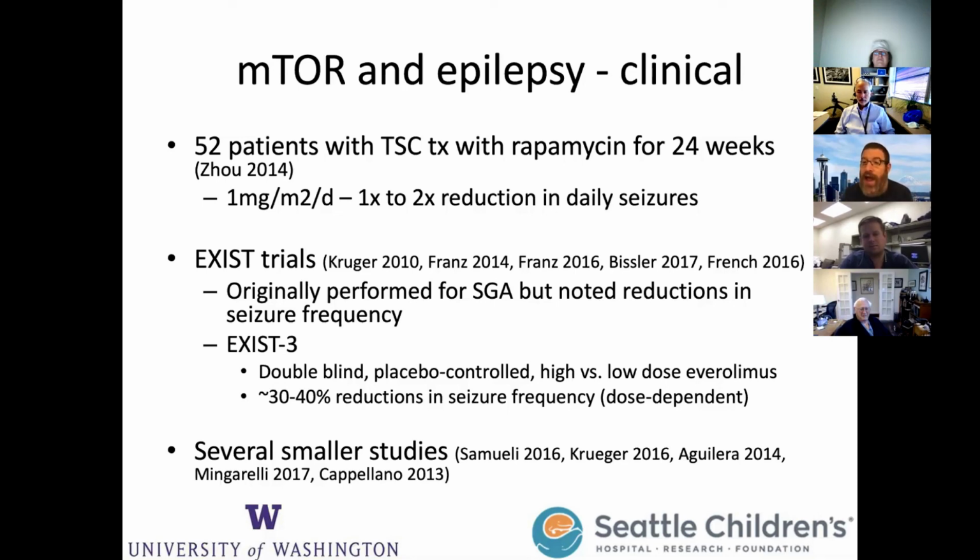And it turns out that in these kids treated with everolimus, there was a 30 to 40% reduction in seizure frequency that was dose dependent in these TS kids. So we gave them an mTOR inhibitor and their epilepsy frequency reduced substantially. There were also a number of smaller studies that recapitulated the EXIST-3, but the EXIST-3 is the largest study to date.